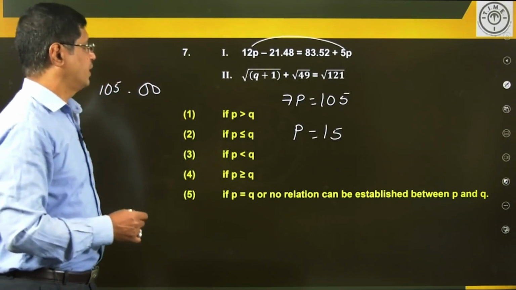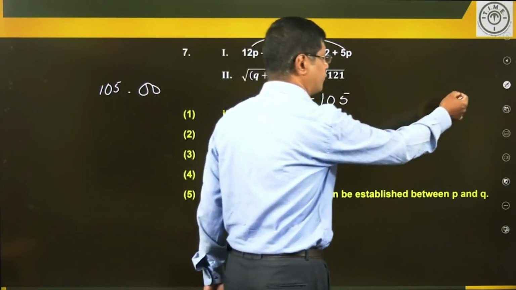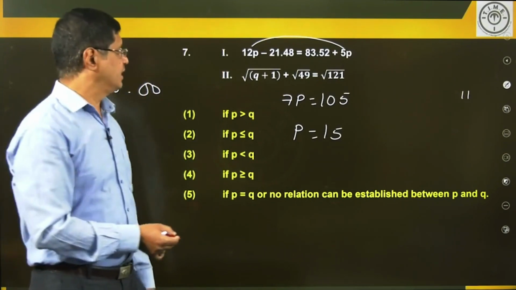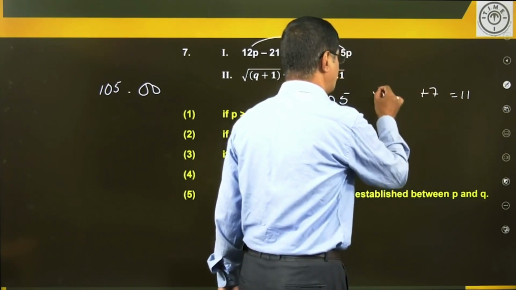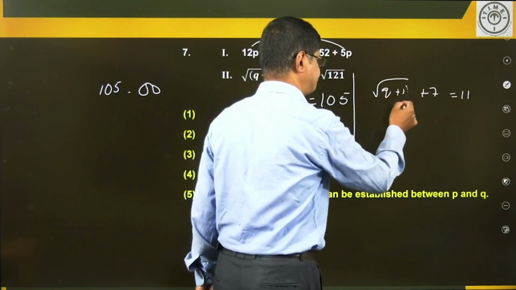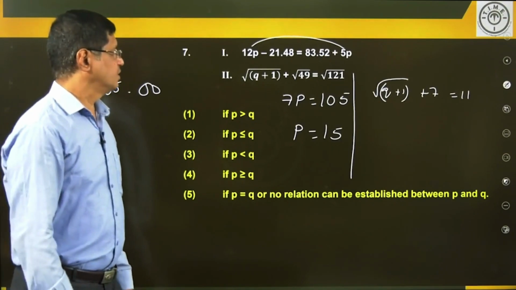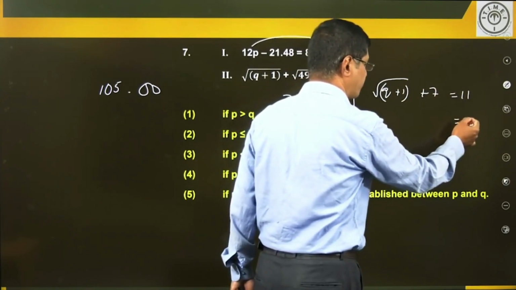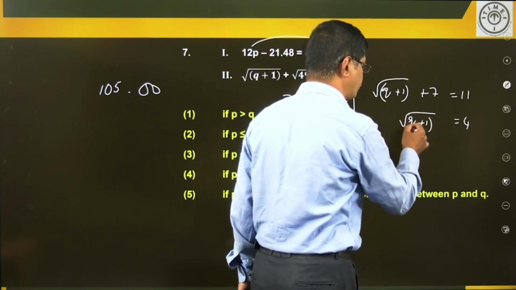Now, look at the second one. When you observe the second one, the square root of 121 is 11. The square root of 49 is 7. Which is equal to square root of Q plus 1. Simplify this. What is the result? Take 7 to the other side. It will give 4. So, square root of Q plus 1 is equal to 4.